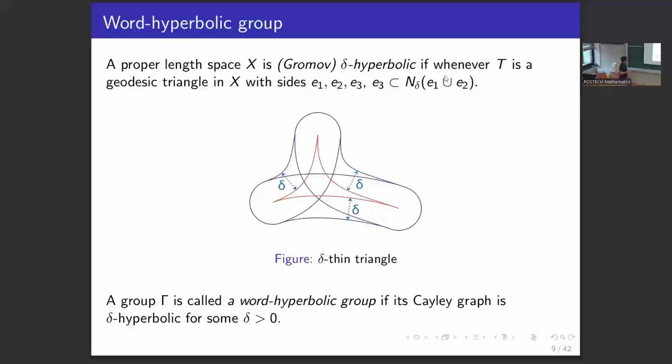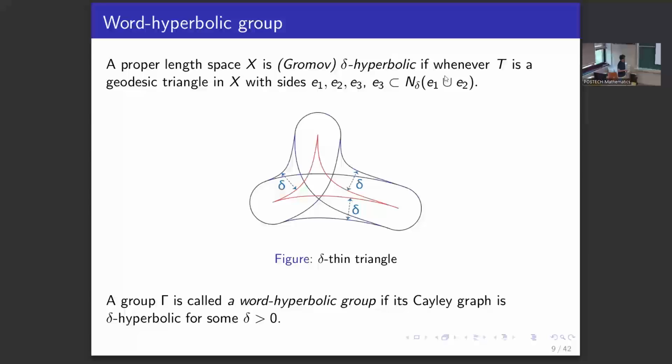You can understand what happens in a triangle by this picture. This is a delta-thin triangle. If you draw a triangle in the hyperbolic 2-plane, the triangle looks like this, right? So it is a generalization of the hyperbolicity of the hyperbolic 2-plane.